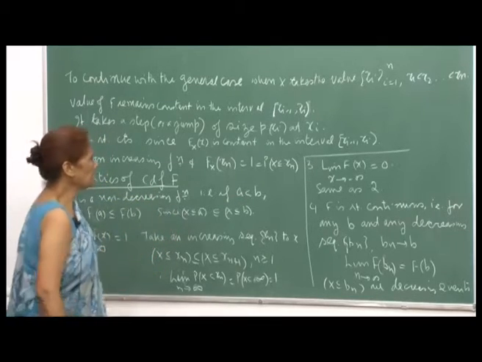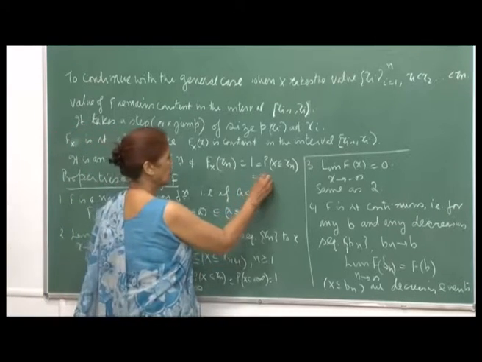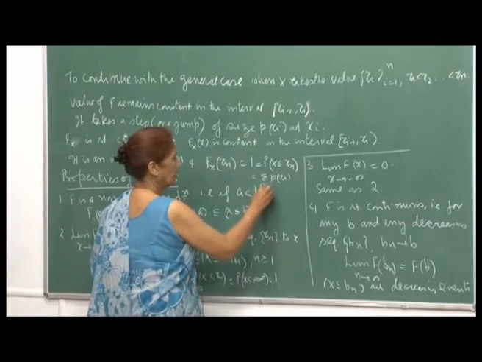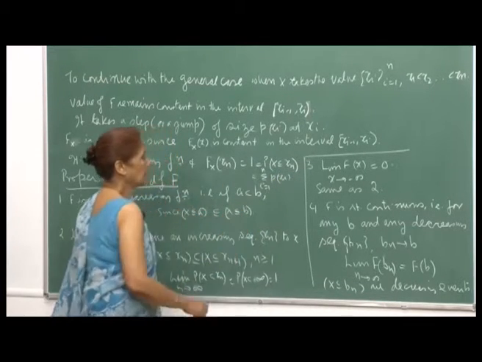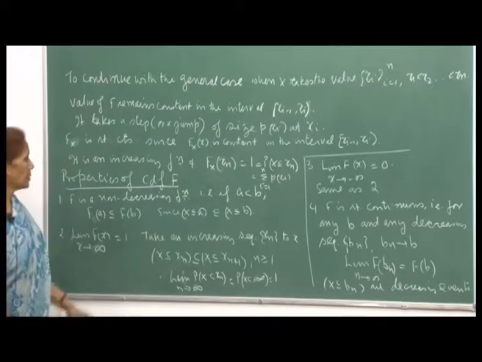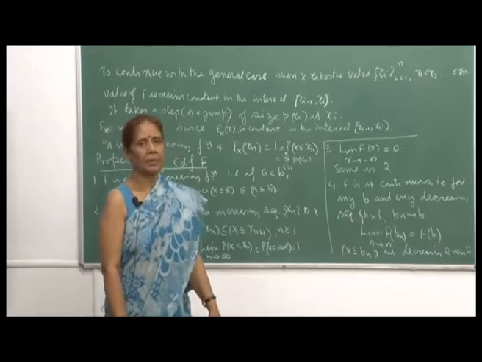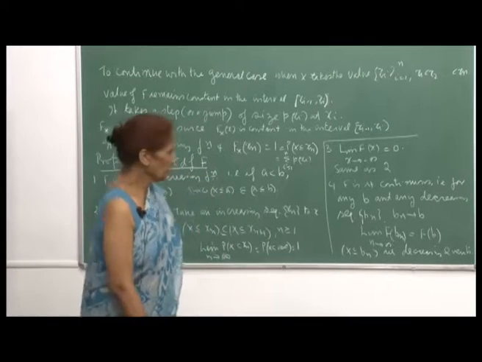So all the probabilities have been added up. This is nothing but the summation over x_i, varying from 1 to n, and therefore it must add up to 1. Now let me formalize the properties of the cumulative distribution function.